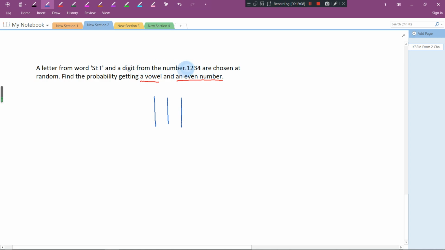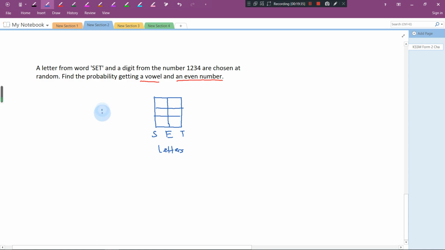We have 4 digits over here, so I will draw 4 horizontal lines. If you don't want to use this method, you can use a table or a tree diagram. I think this method is very convenient and will not use up a lot of space. For letters we have S, E, and T.